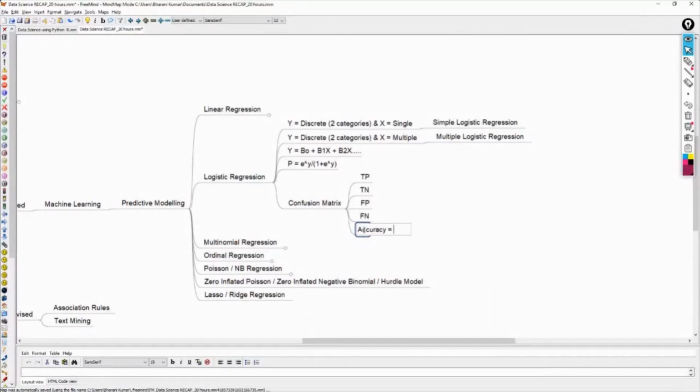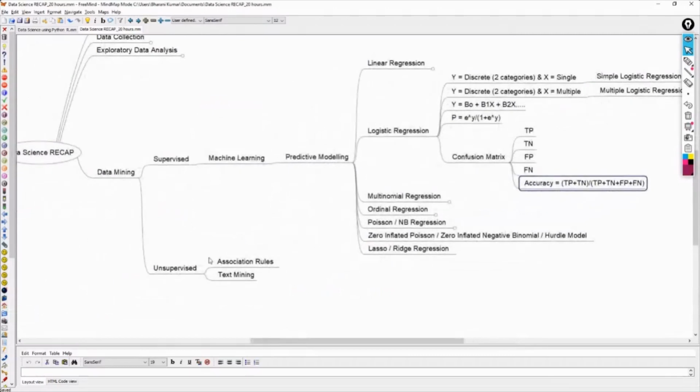And if you want accuracy, accuracy is nothing but true positive plus true negative divided by the overall count: true positive plus true negative plus false positive plus false negative. This will give you the accuracy value. This is the confusion matrix for logistic regression. We successfully completed this.